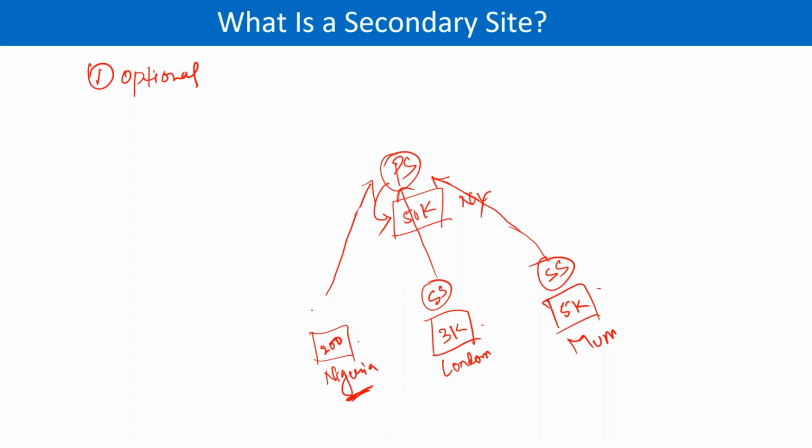You install a site system role, only a distribution point, but the policies and everything they will get from the primary in New York, and content they will get from the distribution point, which I will discuss later on. But the minimum number is 500.